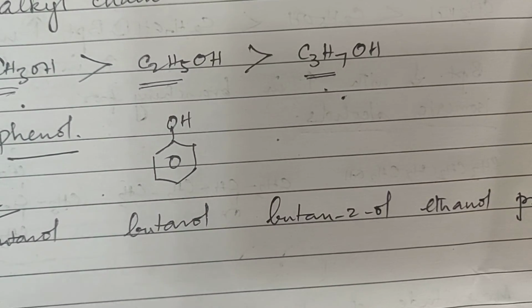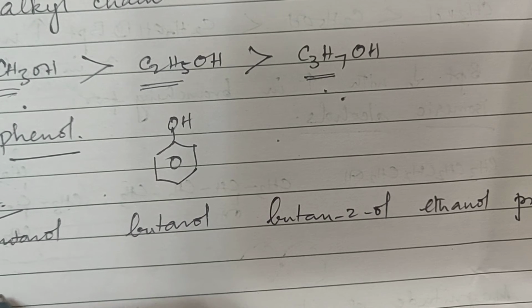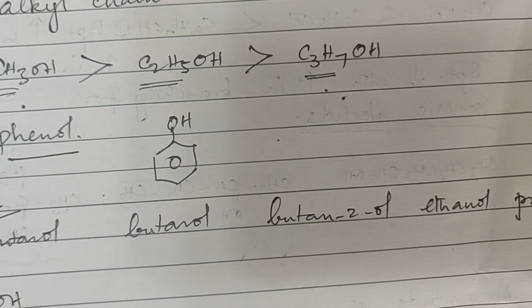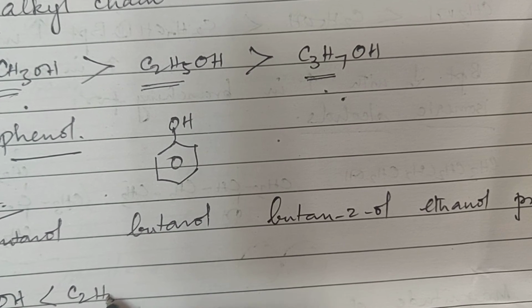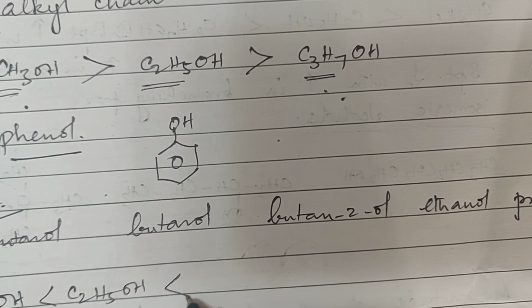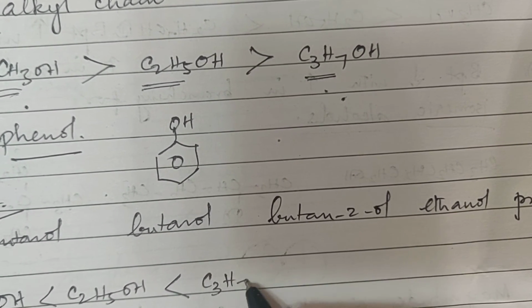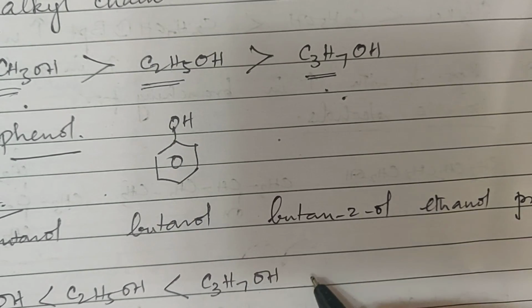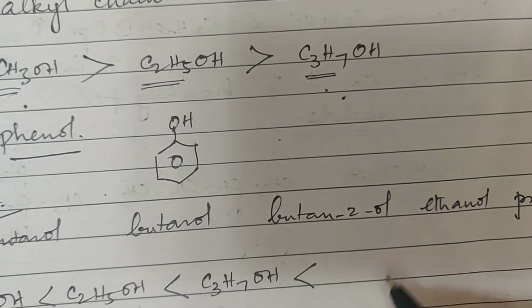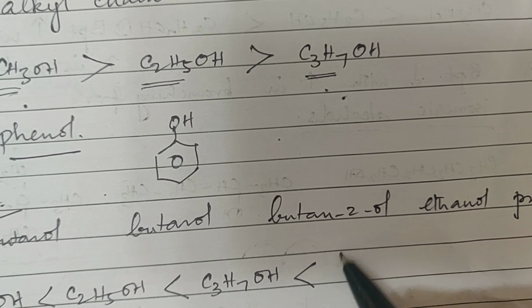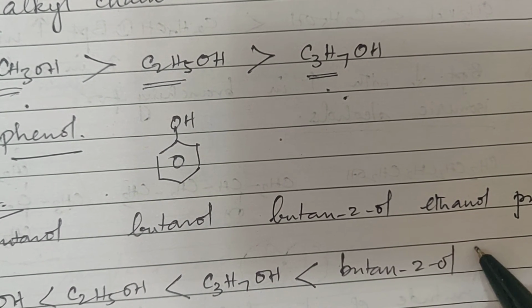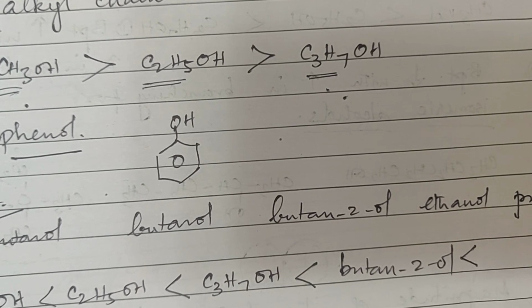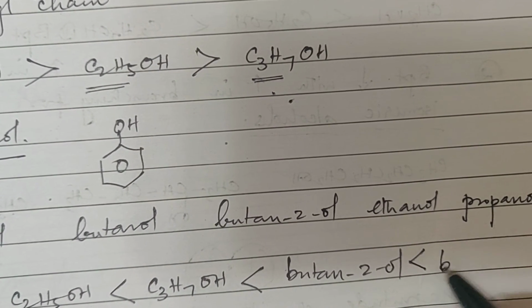So what you will find? The boiling point of methanol is much lower than that of ethanol, much lower than that of propanol, and then propanol is lower than that of butane-2-ol, and then this is less than that of butane-1-ol.